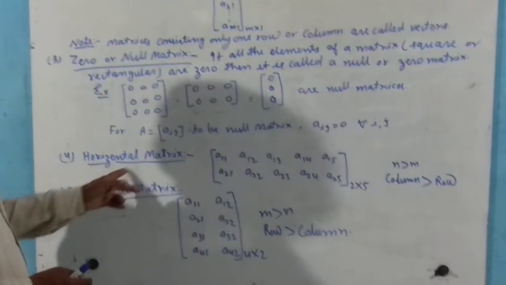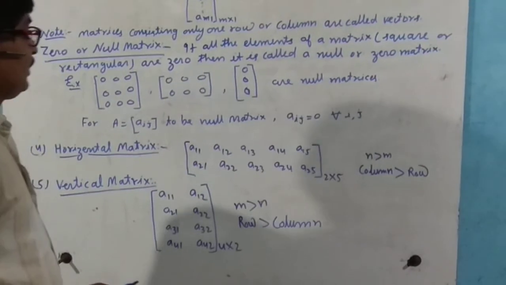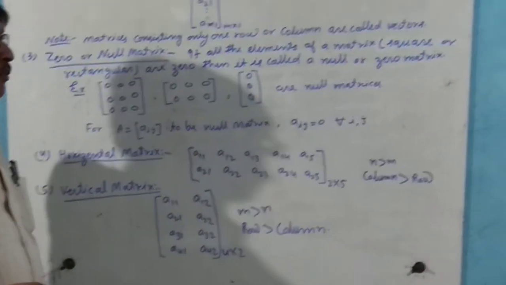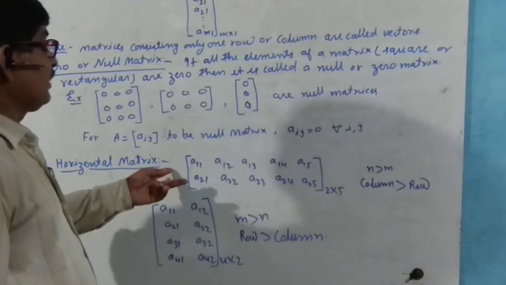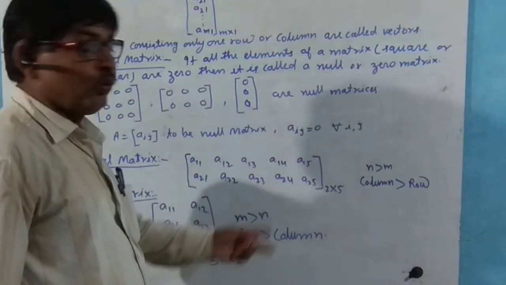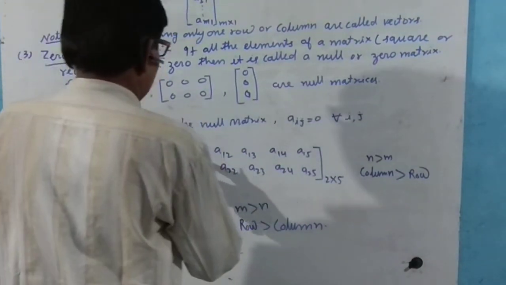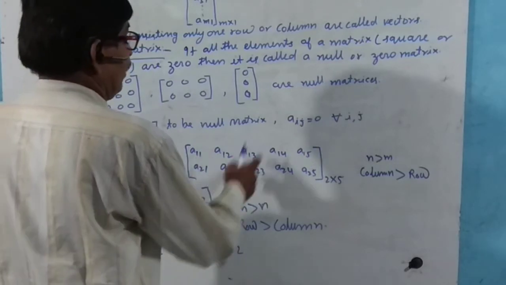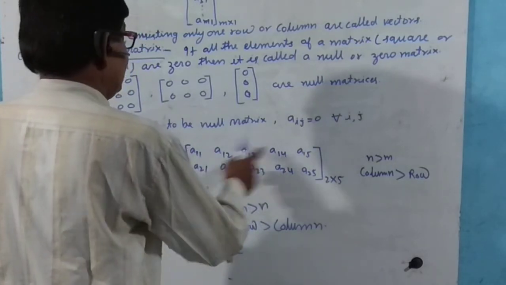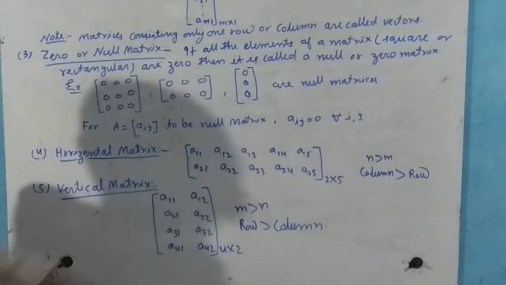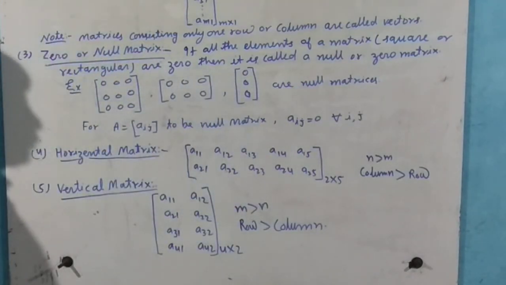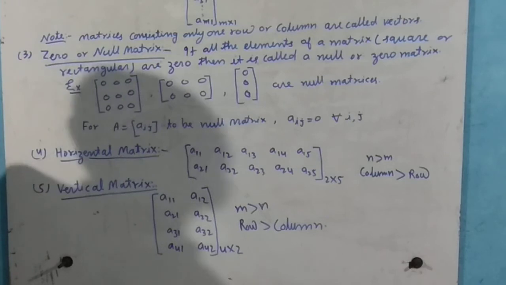And fourth, horizontal matrix: if the number of columns is greater than the number of rows, here first, second, third, fourth, fifth column and 2 rows, that matrix is known as a horizontal matrix.